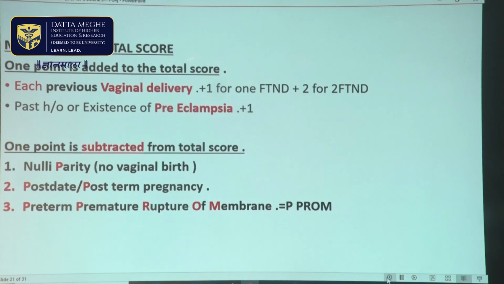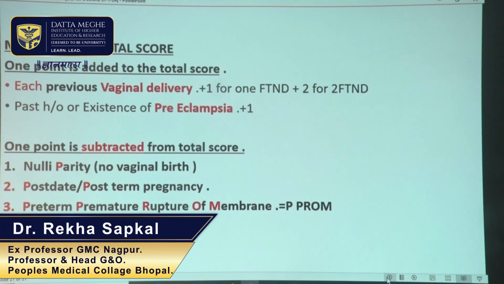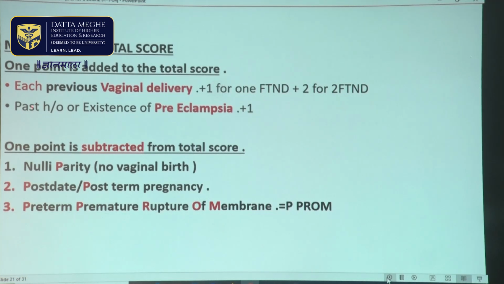There are some modifiers in this scoring system. These points also you have to remember while calculating the score. 1 point is added to the total score if the patient had 1 vaginal delivery. If 2 vaginal deliveries in past history, then 2 points are added. Like that, the scoring will improve with the number of vaginal deliveries.